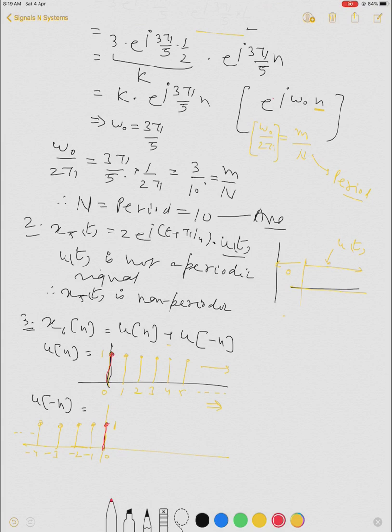So which type of signal do we get when we add? Here it is 1, and here it is 2.